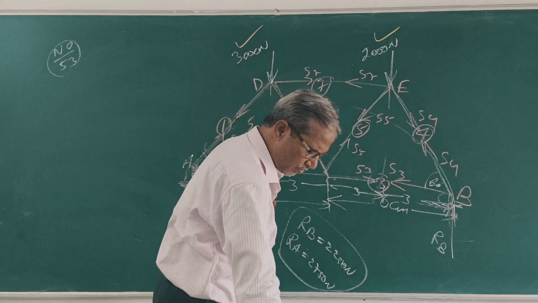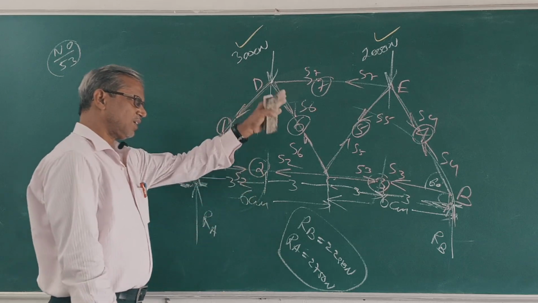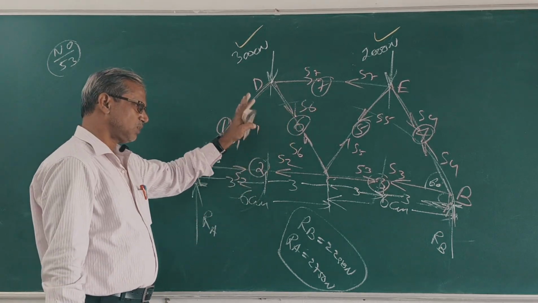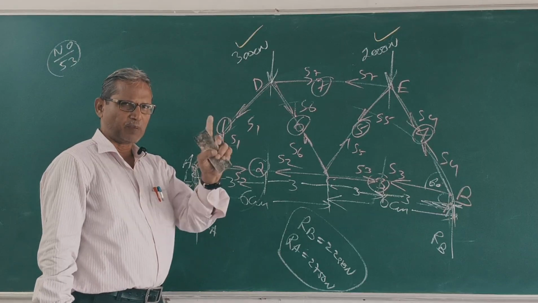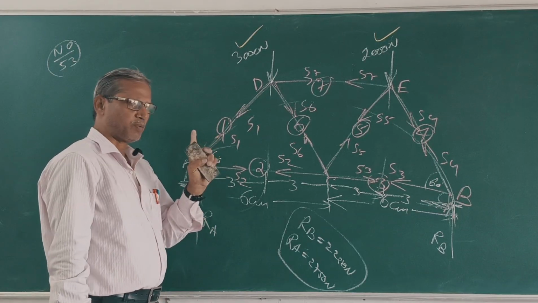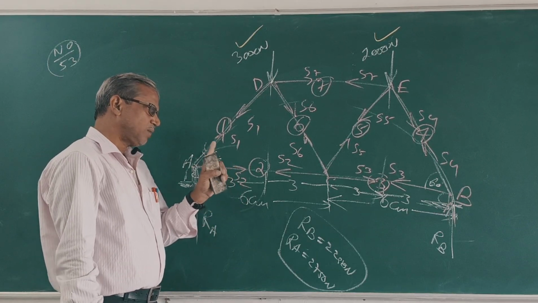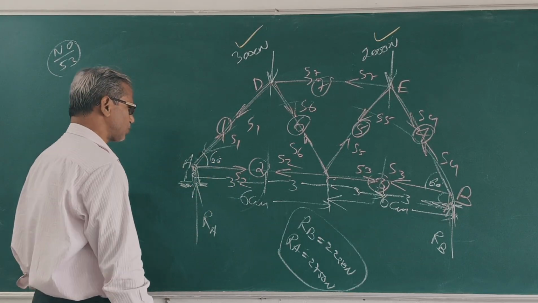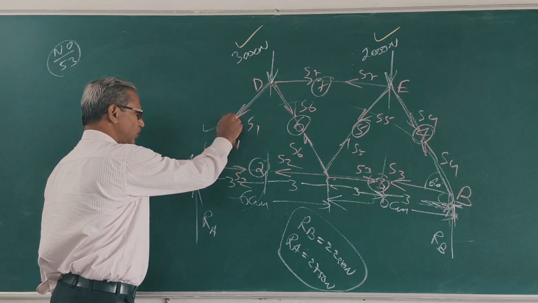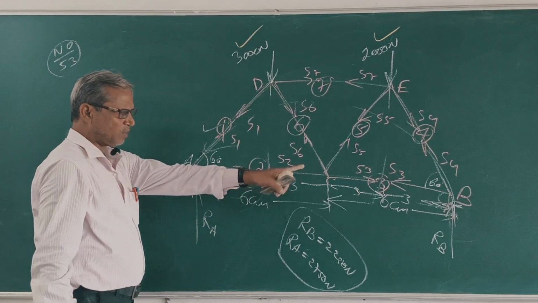Now I have given the direction of the forces in each member. Then the third point: start from a point where the minimum number of unknown forces are given. Which point has the minimum number of unknown forces? Point A, only 2 unknowns. Point B also only 2 unknowns.